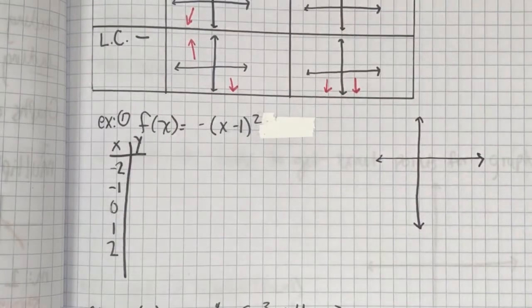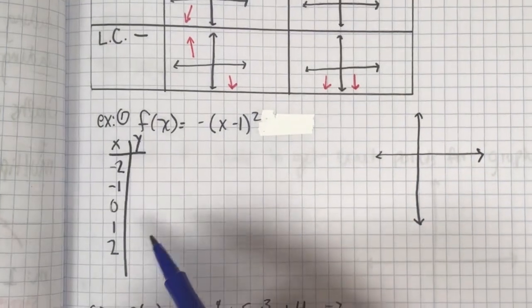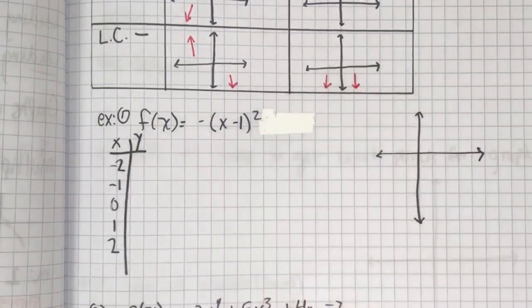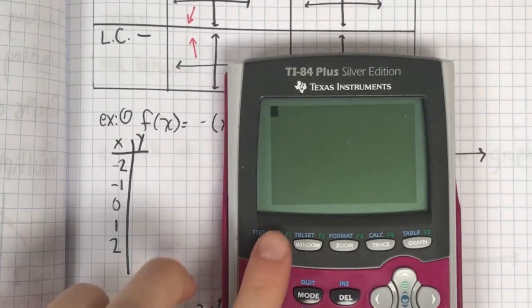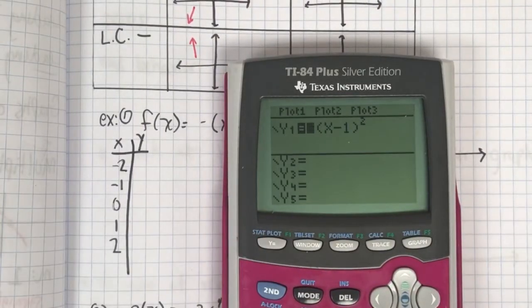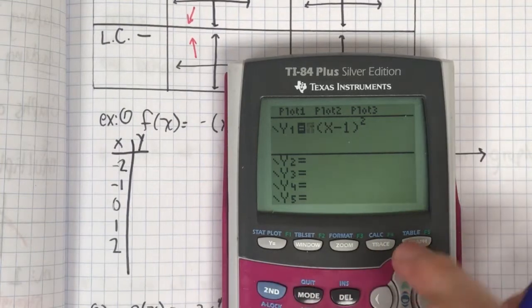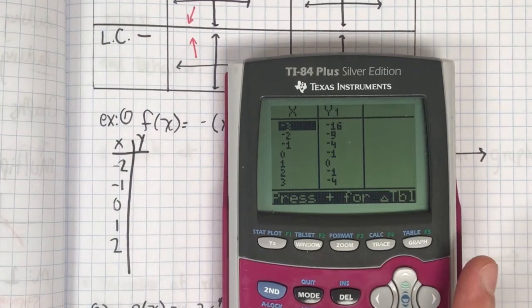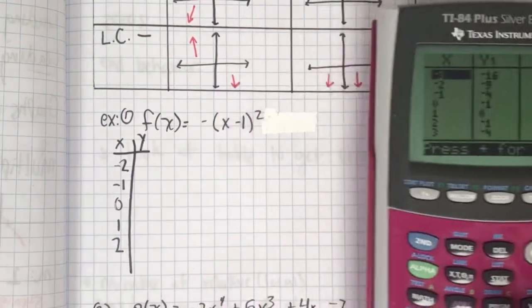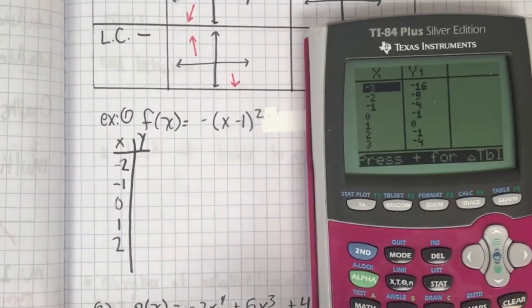So let's get into some examples. For the first one, always go back and make sure that you fill out tables for your points. And you can do that on Desmos, or you can do that on your graphing calculator. If I look at my table, plug that in, hit second graph, and I have my table of values. Okay, and so from there I can plug in everything that I need to know.